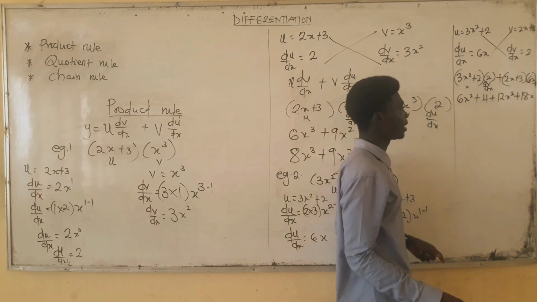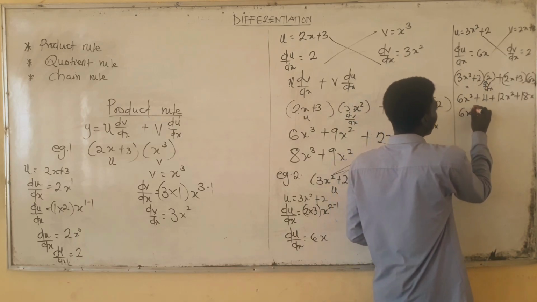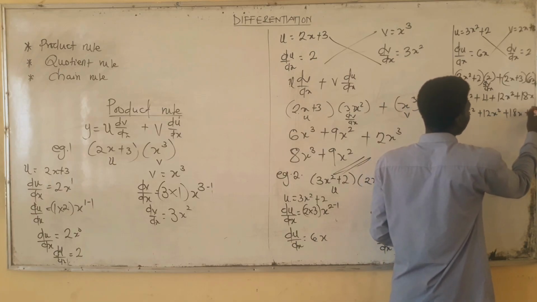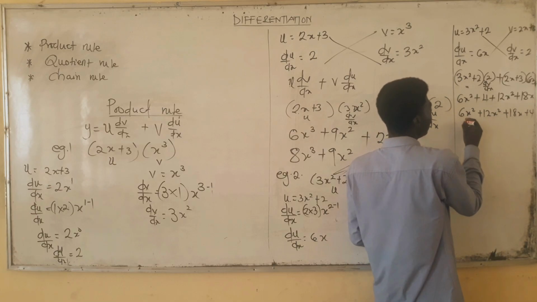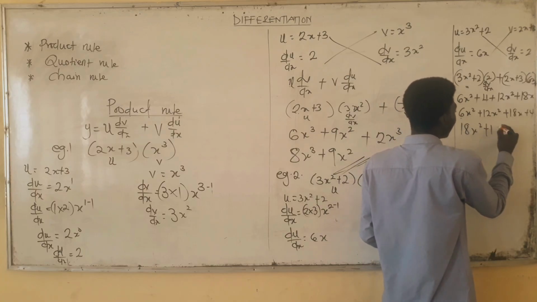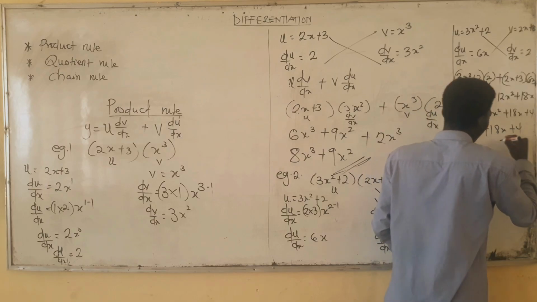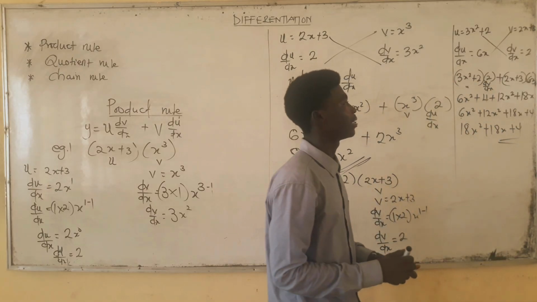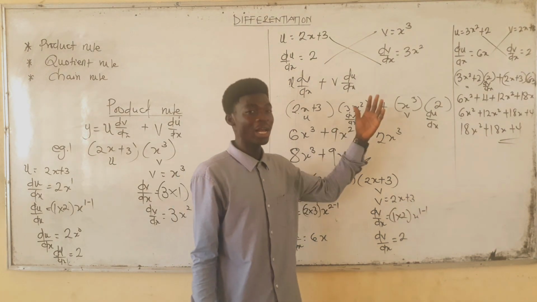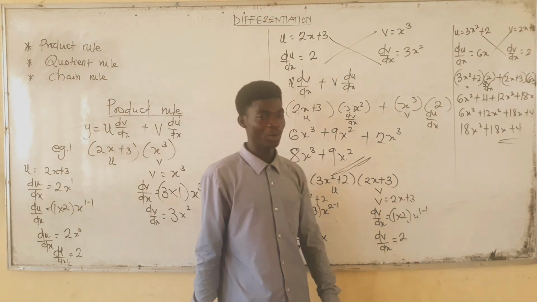So you group like terms. We have 6x squared plus 12x squared plus 18x plus 4. If you add the squared terms, we are getting 18x squared plus 18x plus 4. And that is our solution for the second question.